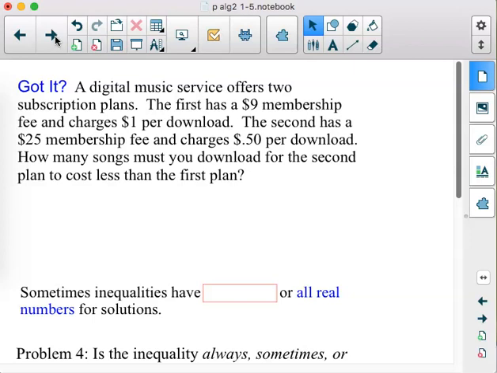Okay, like I said, I don't generally use S as a variable, but remember, this is just a setup. So go to the very last sentence. Second plan less than the first plan. Now we go back and get all the math.